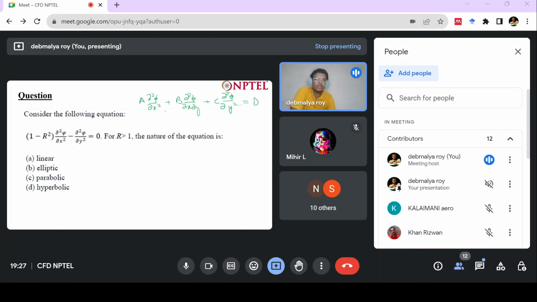Everything other than the second derivatives will go to D, and the second order partial derivatives will stay here, and the coefficients will be a, b, and c.